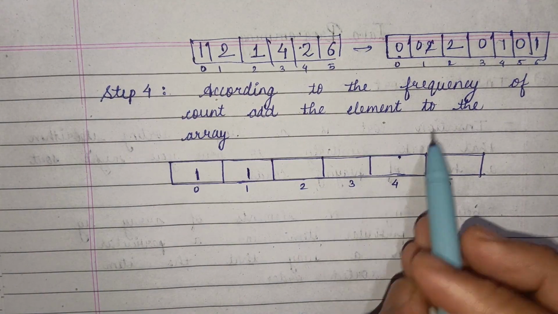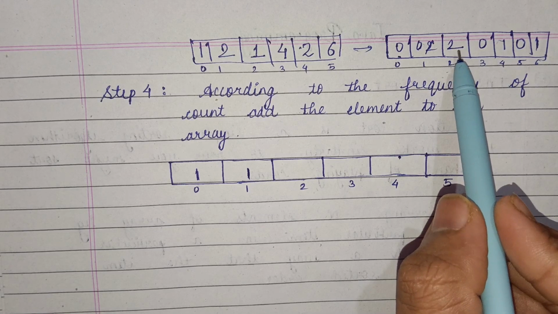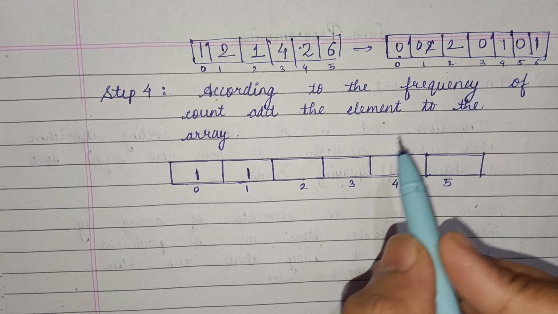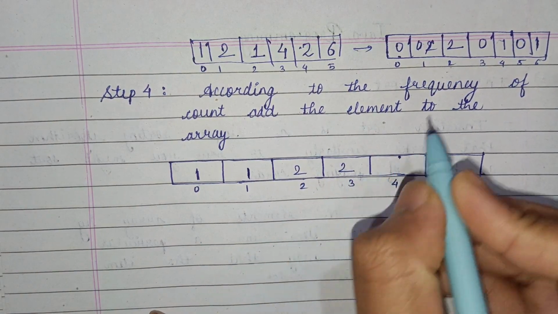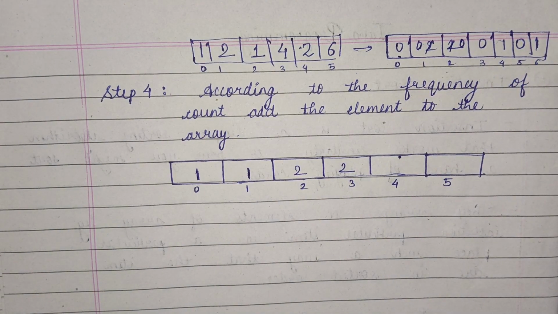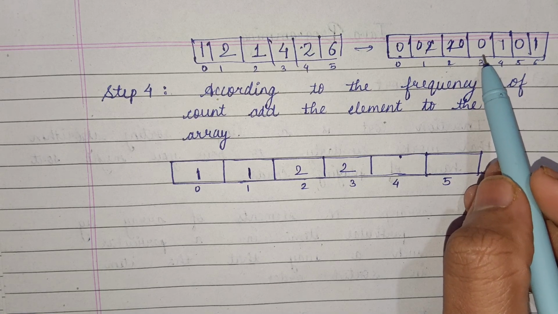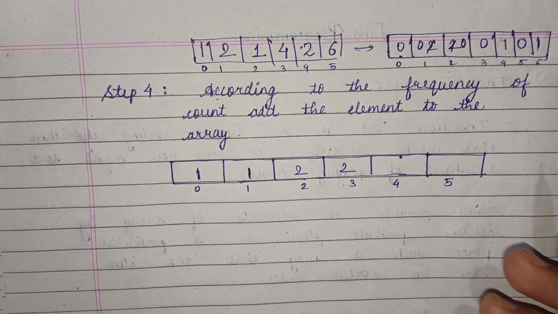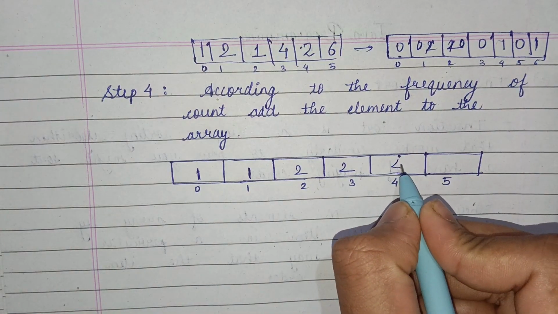Then 2's frequency is 2, so we will take 2 two times, and here we will reduce the count to 0. 3 occurred 0 times, so we will not add the element. 4 occurred 1 time, so 4 will be here.